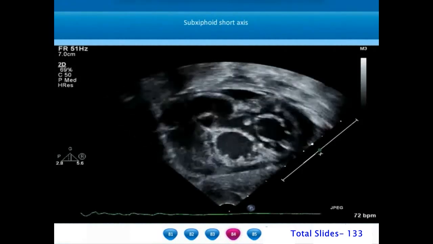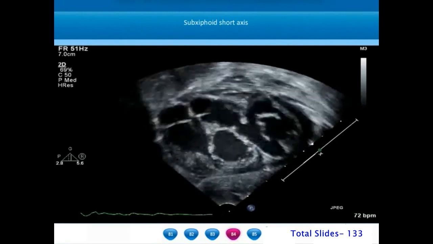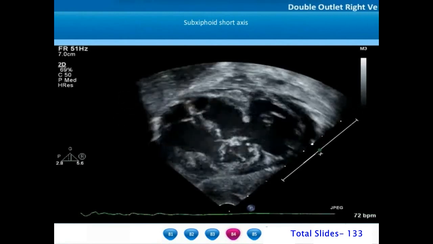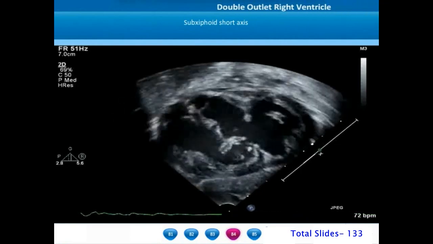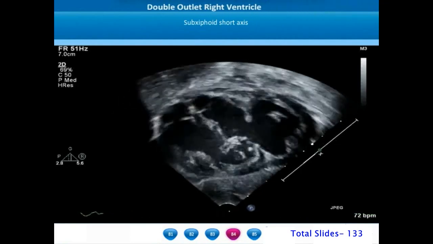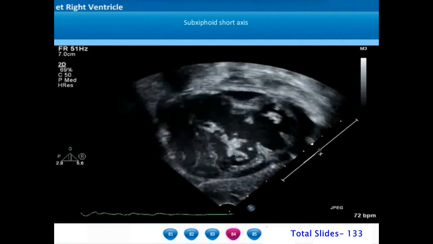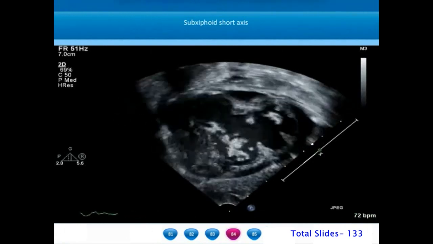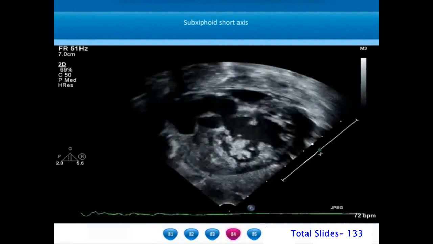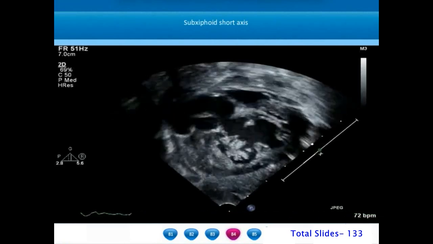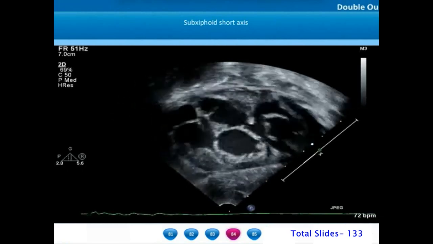On this subxiphoid short axis view, we can see the tricuspid and the mitral valve opening. The large inlet ventricular septal defect is seen clearly. Portions of the tricuspid valve chordae are getting attached to the conal septum that is protruding below the aortic and pulmonary annular area.